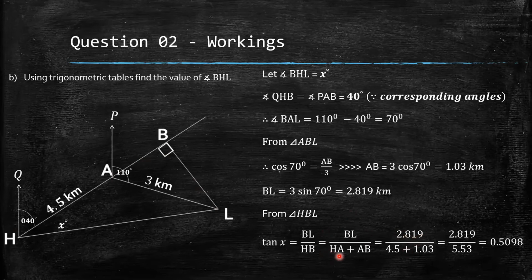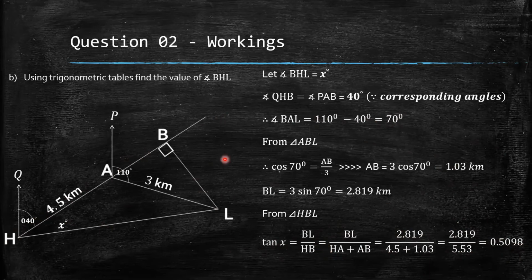And we know the value of HA since it's given, 4.5 kilometers. And the value of AB we have found earlier using the cosines, it is 1.03. So once you solve it, it will be 2.819 divided by 5.53, which is equal to 0.5098.